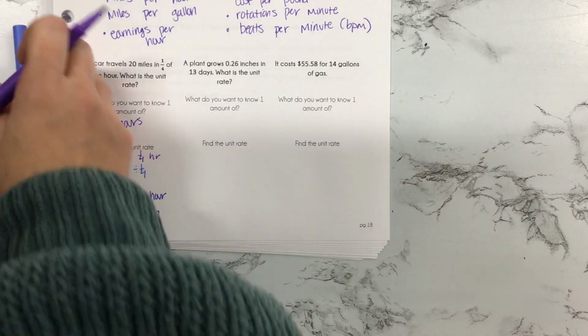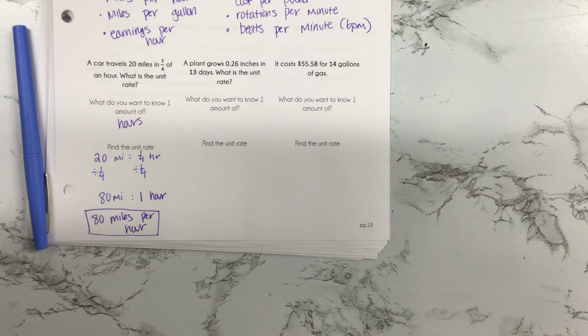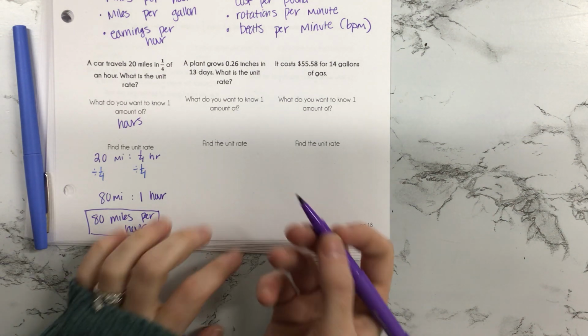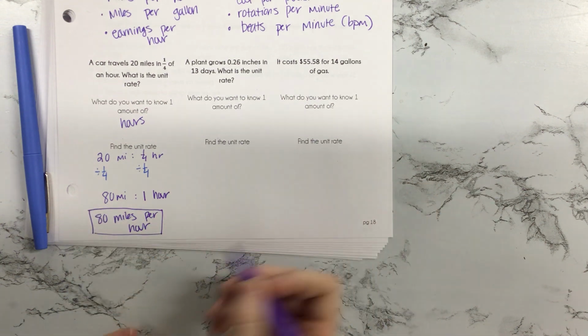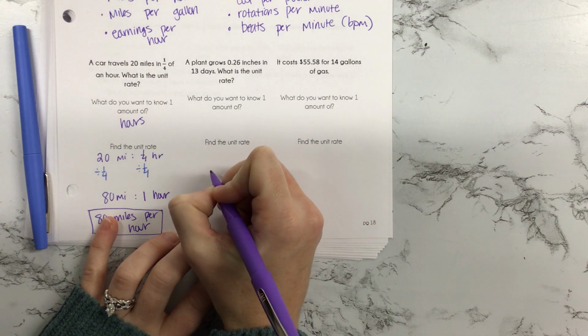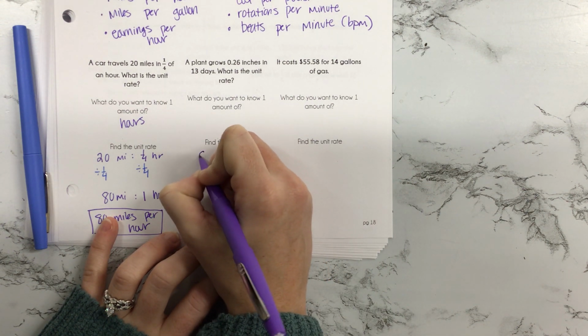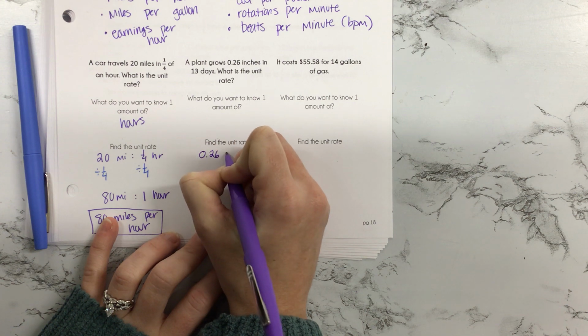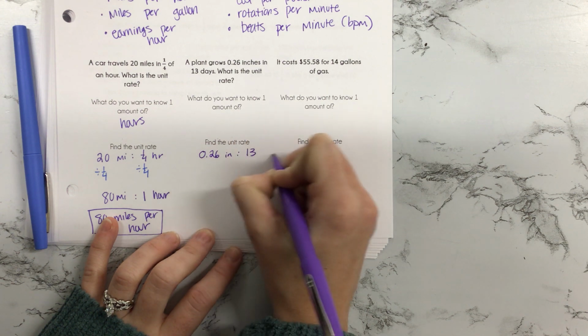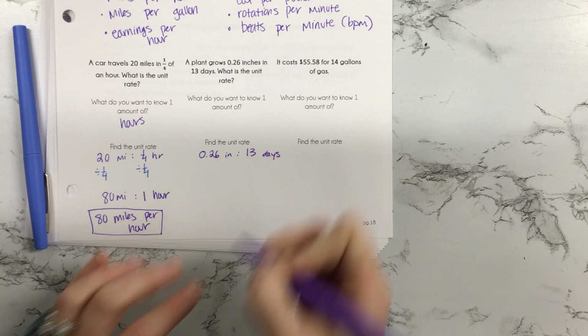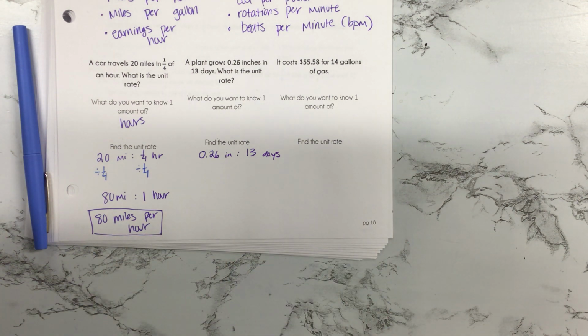All right, the next one, a plant grows 0.26 inches in 13 days. Okay, so I'm going to write that ratio of inches to days. So 0.26 inches for 13 days. Most of the time you want to find out the amount of something for the length of time.